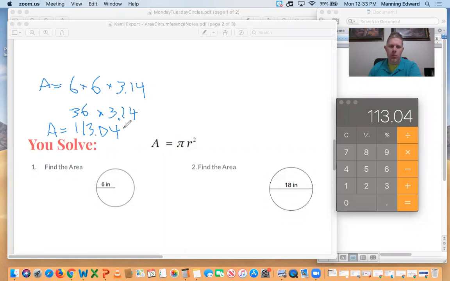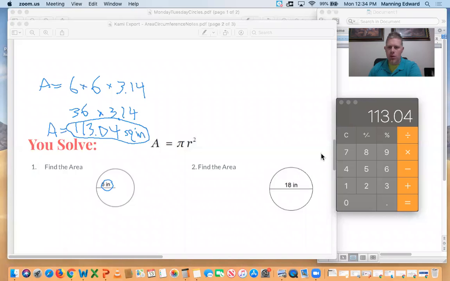No, it would not be it. I need to add in my little words for what am I talking about? Well, it talks about inches here. Actually told you it says inches, so it's going to be square inches. Now I'm done with my answer. That would be the area.